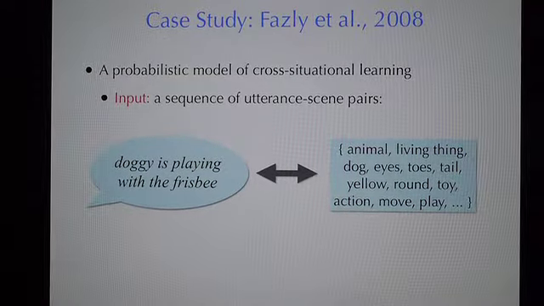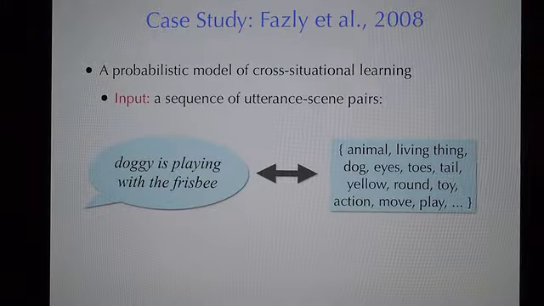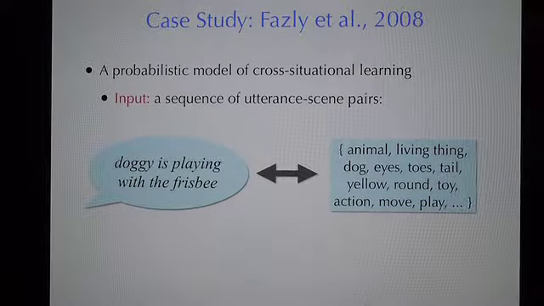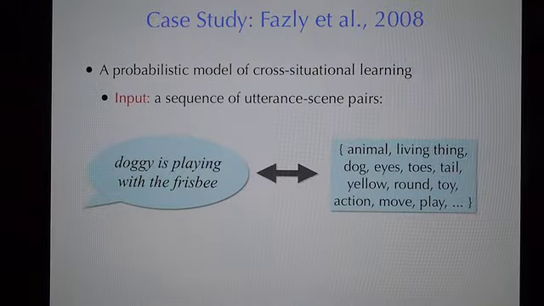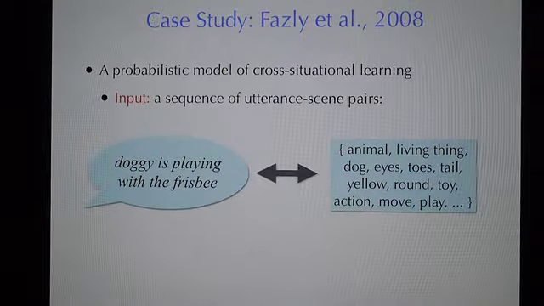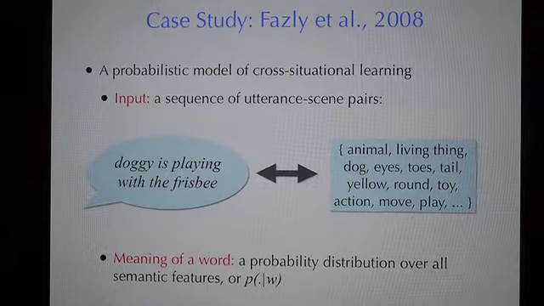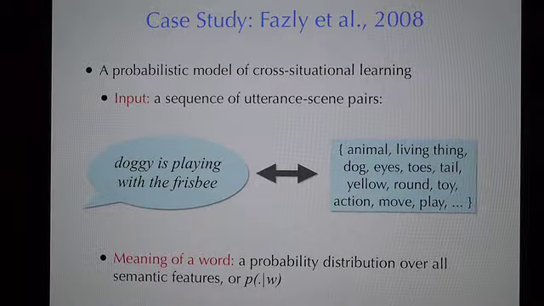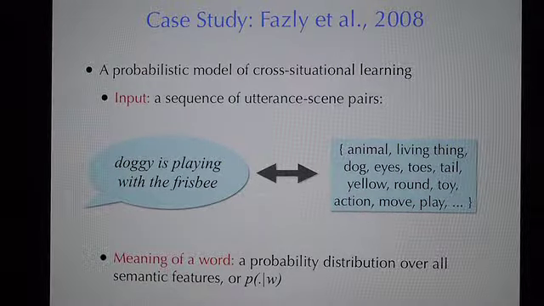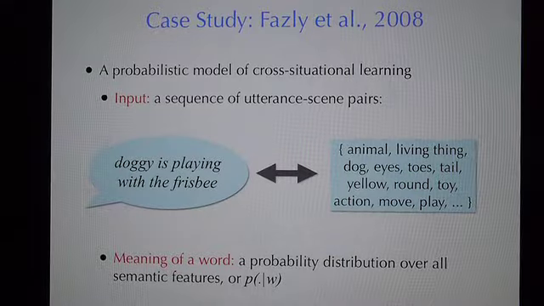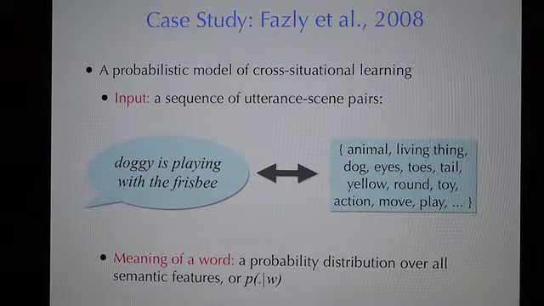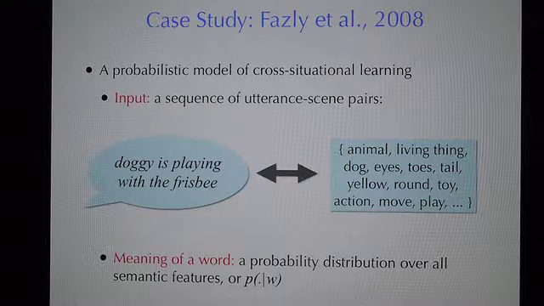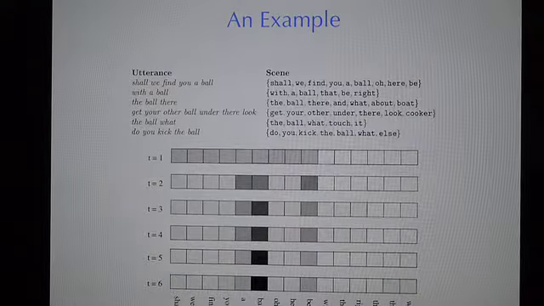tries to implement this mechanism, but instead of just taking a strict rule-based approach, it wants to take probabilities into account. So the input to the model is a set of utterances paired with a set of features that represent the meaning in the scene. And the ultimate representation of knowledge in this model is a probability distribution for each word. For each word, we learn how probable every meaning component is as part of the meaning of this word. Let me show you an example to make it a bit more clear.